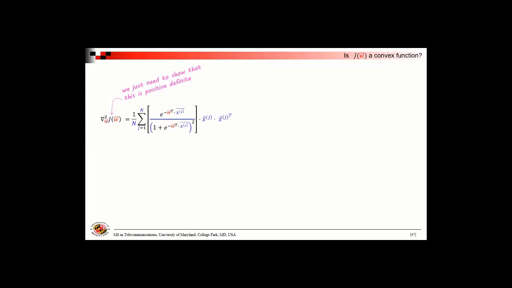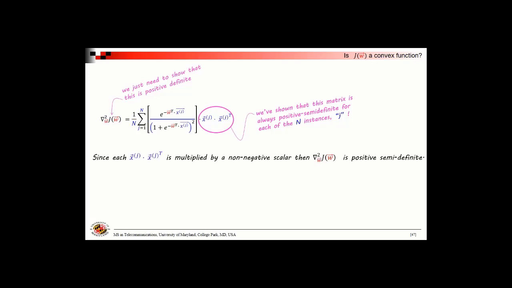Guys, we are so close. We just need to show that this is a positive definite matrix. We've already shown that this matrix is always positive semi-definite for each of the n instances, j equals 1 to n. Since each of the x transpose terms is multiplied by a non-negative scalar, that fraction on the left-hand side, each one of the components is positive semi-definite.